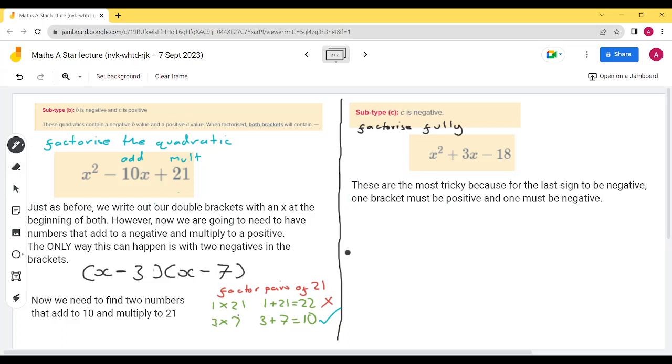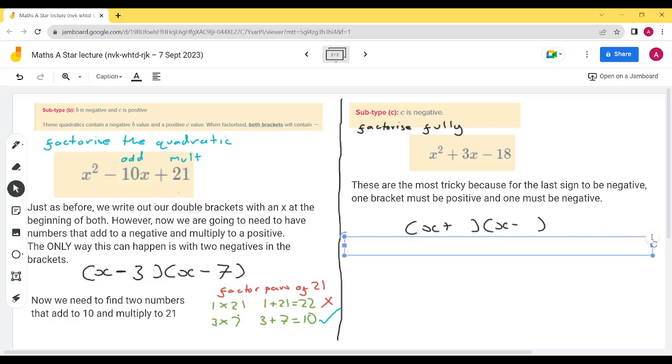So we can write out our brackets as before. We've got x here, and we've got x here. And because it's x in both, we can write our plus and minus. But because it's like this, well, the process is the same as before.